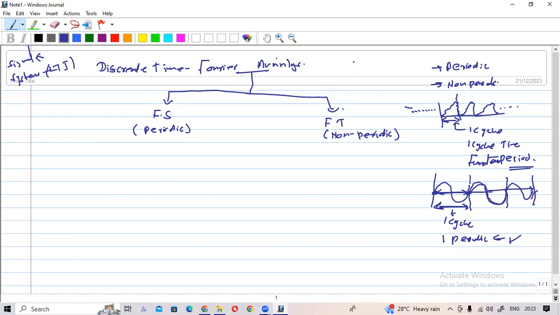So maybe some of you have learned continuous time Fourier analysis. You should know what is continuous time and what is discrete time. If the time is a continuous variable, it is continuous time, an uncountable variable. If we have countable values between two time points, it is discrete time.